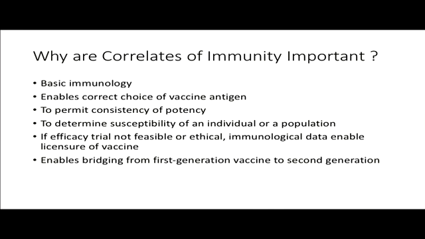Immune correlates are really important when you can't do a phase 3 efficacy trial because it's unethical, or because the disease that you're studying is relatively rare and it would just be practically really hard to do such a trial. As an example, meningococcal vaccines are not registered and licensed on the basis of large phase 3 trials with hundreds of cases in them.